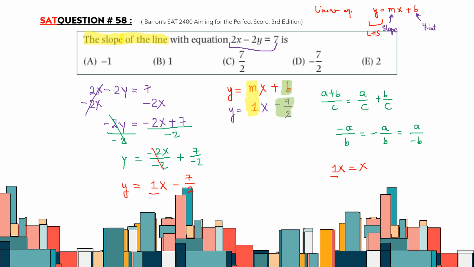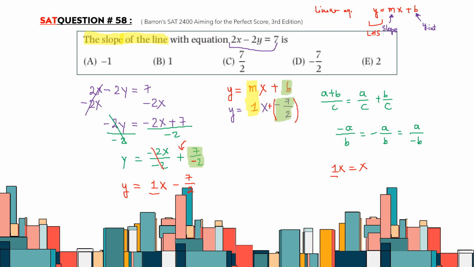In other words, we see the plus sign in front of it, so this negative one is the same thing as adding a negative. So b is negative 7 over 2.